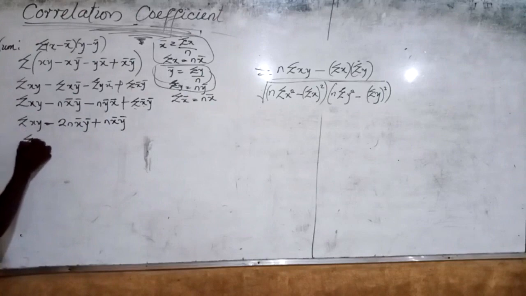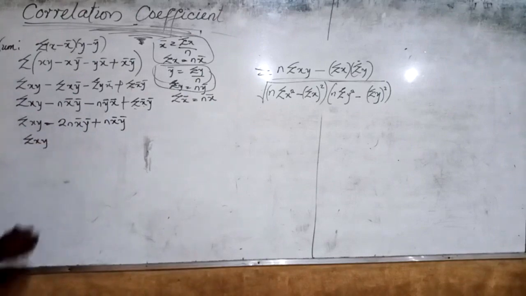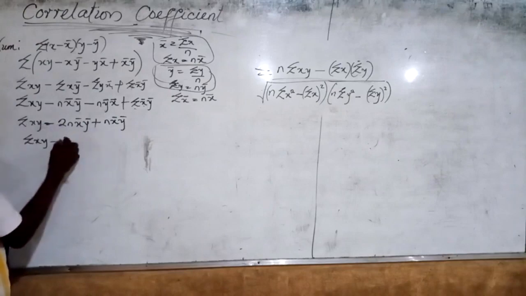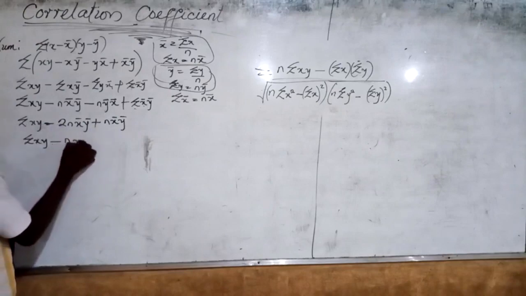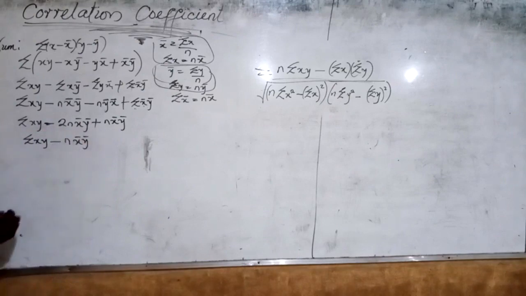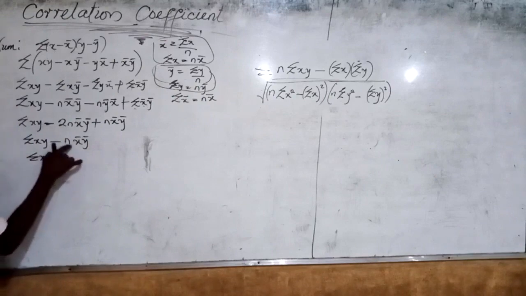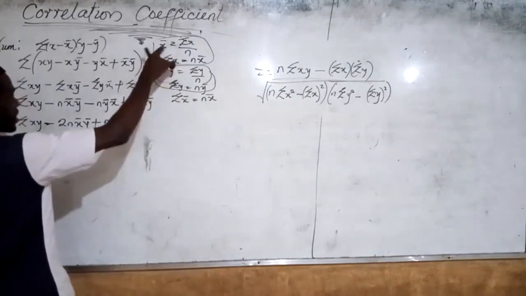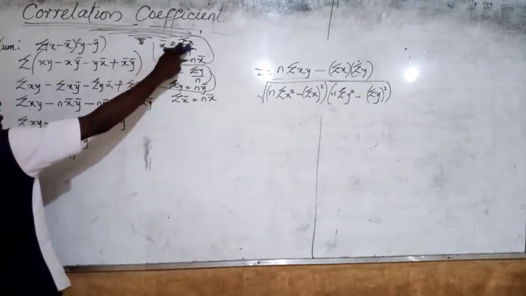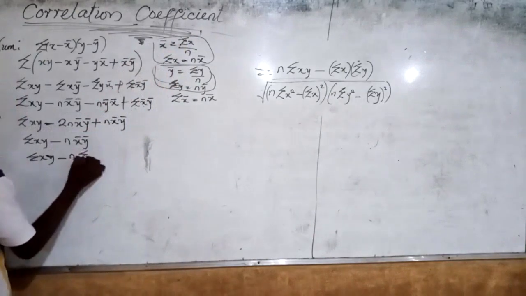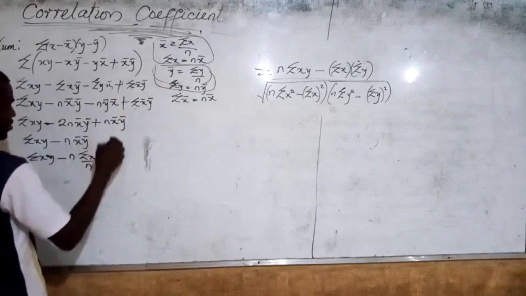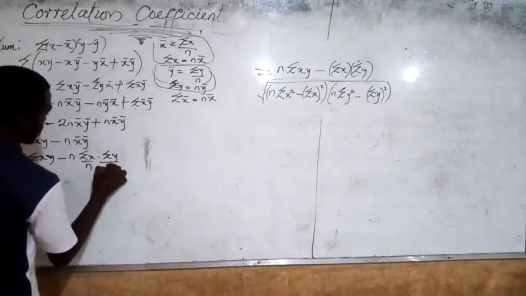Then it becomes summation xy minus 2 plus 1, which gives us minus n x bar y bar. So this becomes summation xy minus n x bar y bar, and x bar is summation x over n, and y bar is summation y over n.